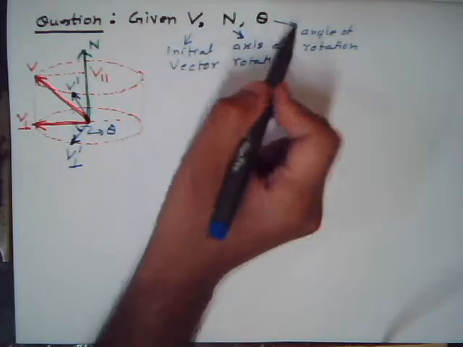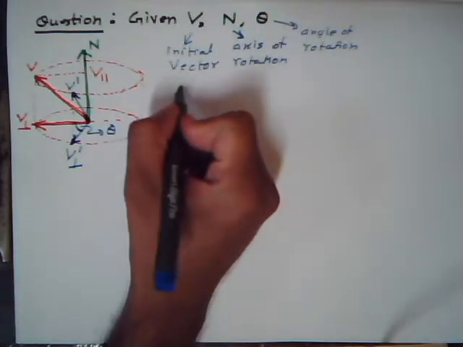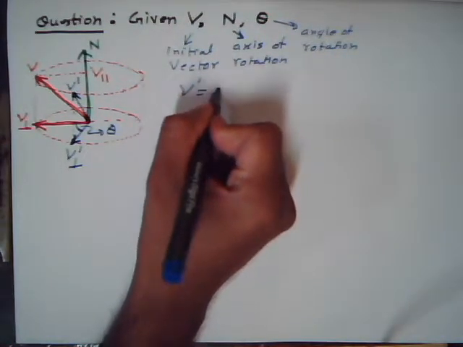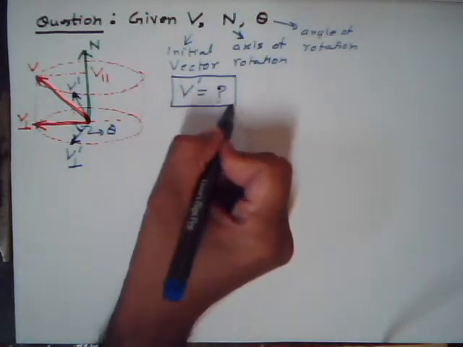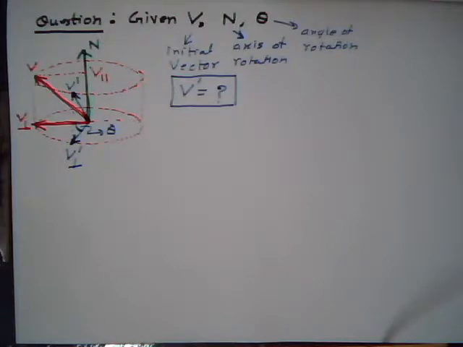Given V, N and theta, the question is what is V prime, or what is the new position or new location of this vector.